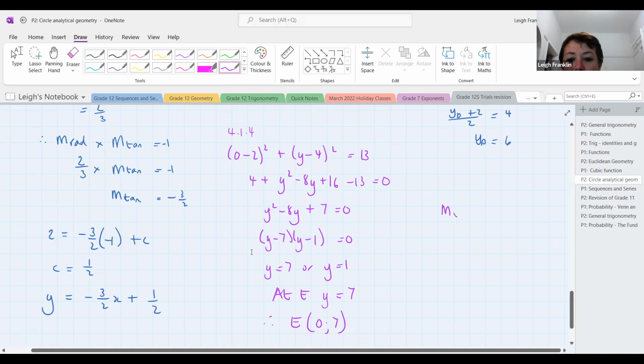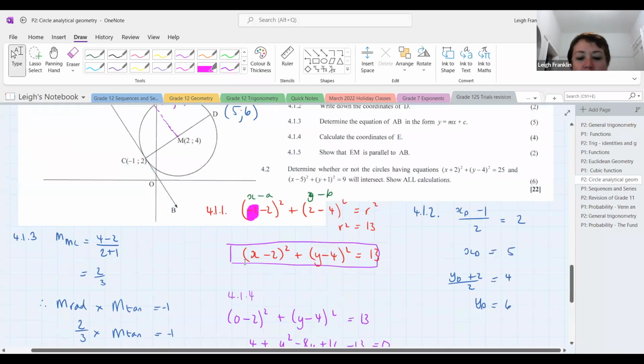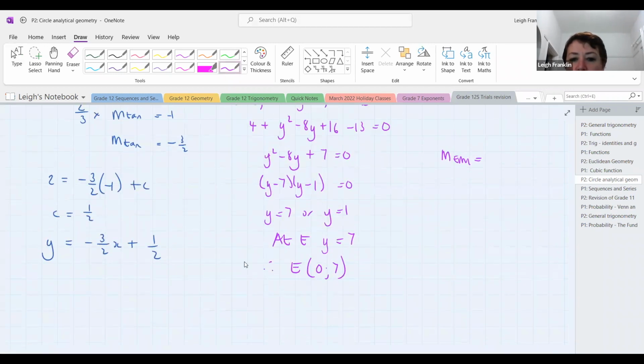So the gradient of EM. So we know what E is. M was the point 2 and 4. So I'm just going to pop that over there. M was 2 and 4. E was 0 and 7. So we've got 7 minus 4 over 0 minus 2. Okay, so that's going to give us negative 3 over 2.